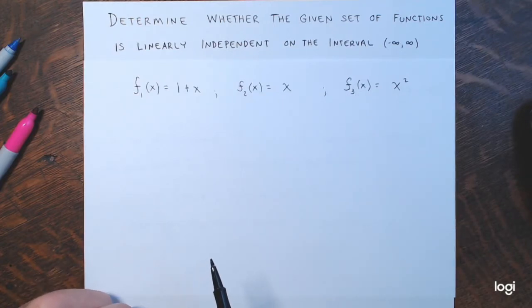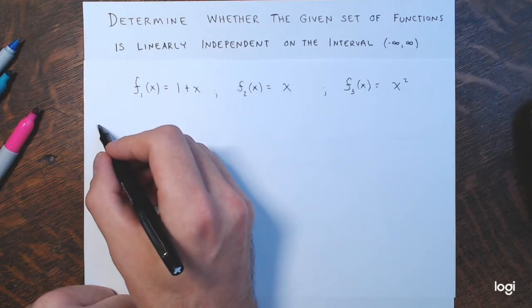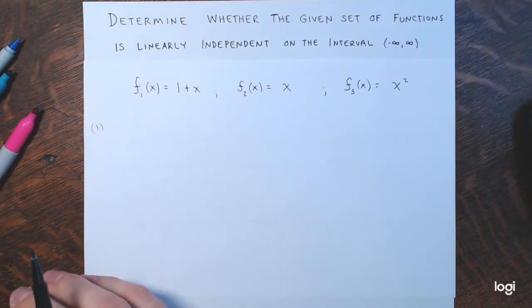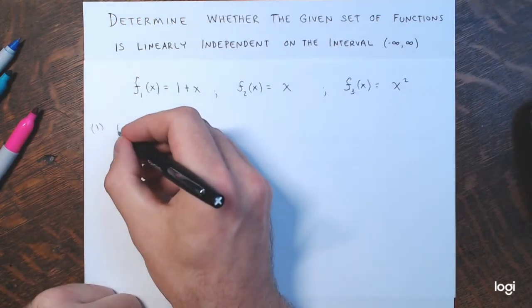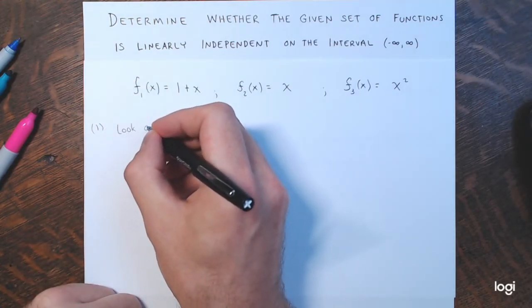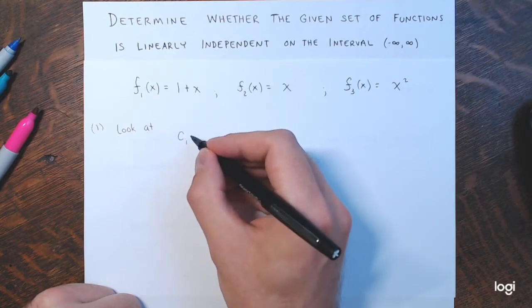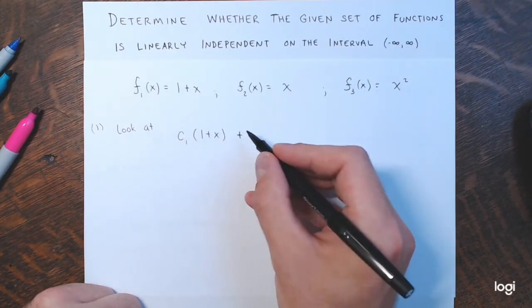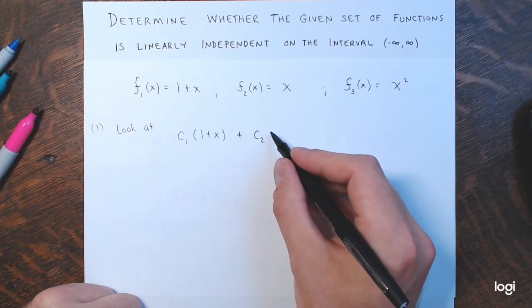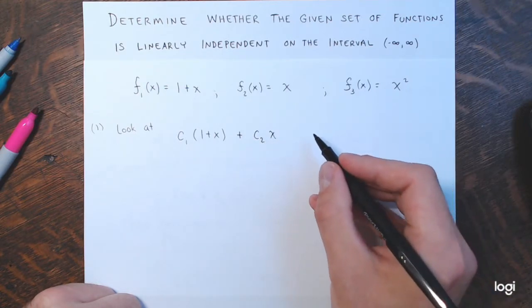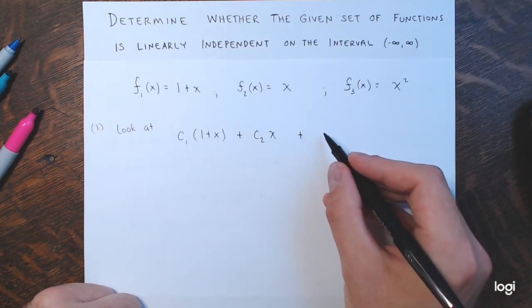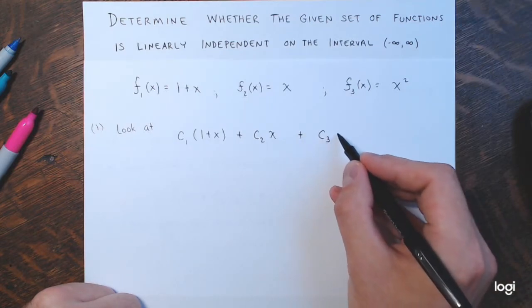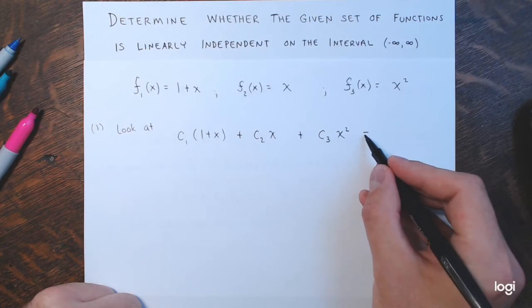All right. So again, the first method to see if you're independent or dependent is to look at that equation. Right? Look at the equation, c1 times f1 plus c2 times f2 plus c3 times f3, and say, hey, when's that equal to 0?